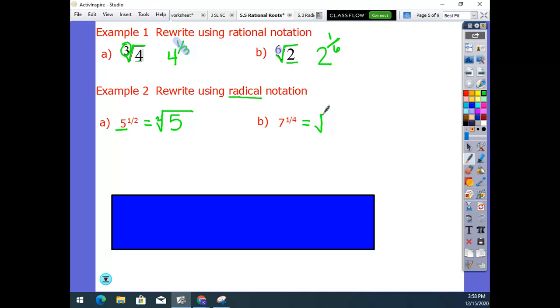So if you see a fraction, you need to create a radical. The base goes underneath. The denominator goes to the corner. So notice we used all the same numbers. We just wrote it into a different format. You don't even have to find any answers. You're just rewriting it in these two examples.